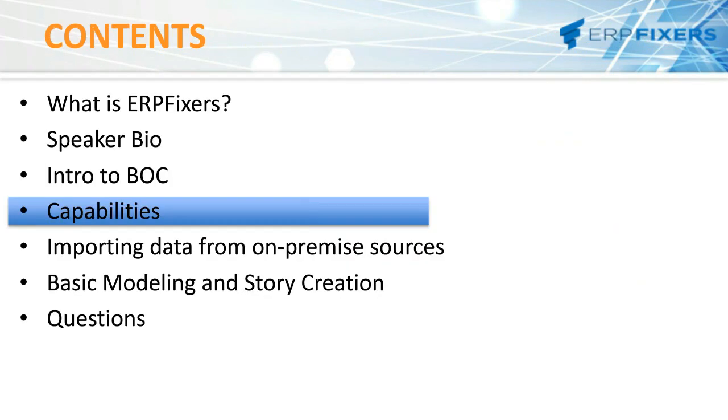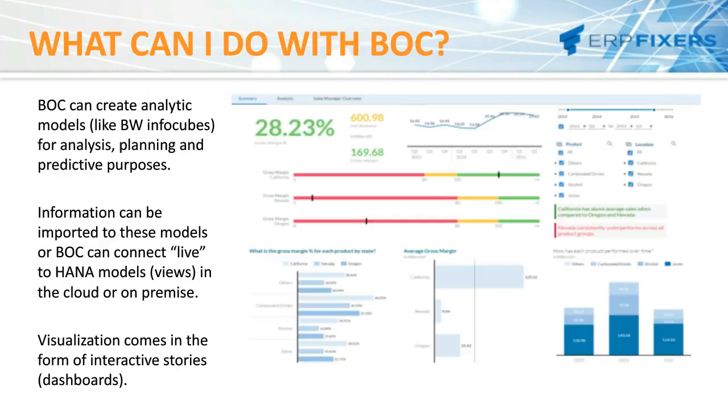So what can it do? What are the capabilities of Business Objects Cloud? In BOC, you can create what they call models, but think of them as analytic cubes. Are you familiar with Business Warehouse InfoCubes? It's the analogous element. A model is basically a cube.